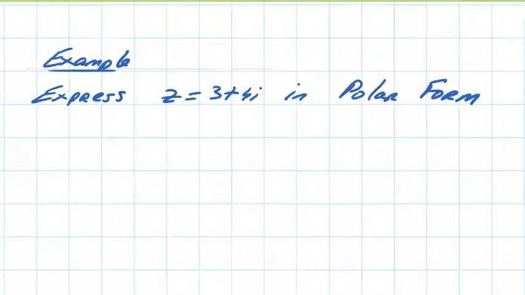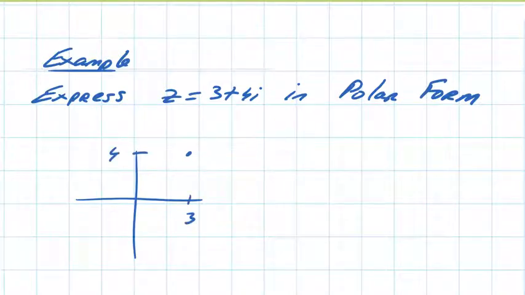Okay, so the first thing you do is a quick sketch, and you sketch where 3 plus 4i is. It doesn't have to be accurate or anything like that. So there's 3 and 4, there's z. So z is there, and if we just do our modulus there and so on, you can see that's 4, so that's 4i, 4 units up.